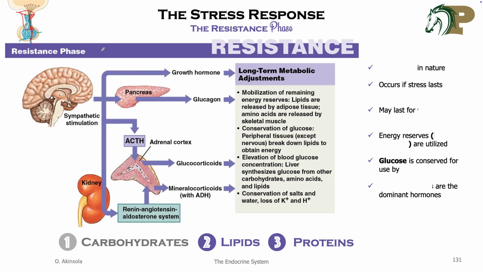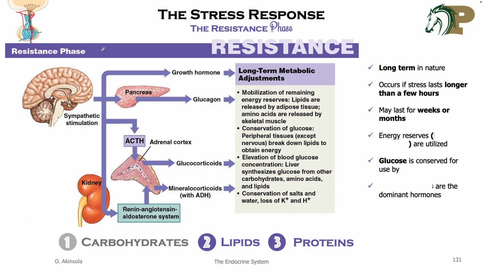The resistance phase is your second phase. What is going on here? This is a more long-term phase in the stress response, and this occurs if stress lasts longer than a few hours. It may last for weeks or months at a time.